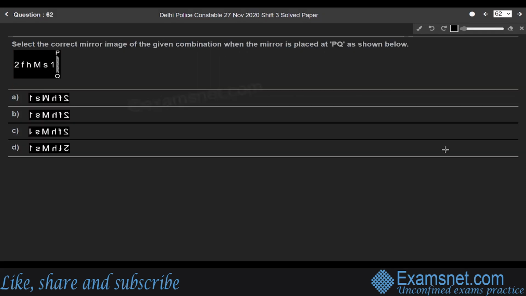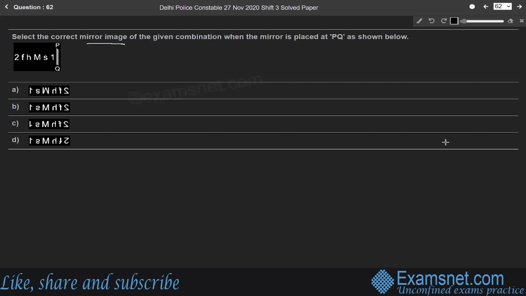Question 62. Select the correct mirror image of the given combination when the mirror is placed at PQ as shown below. So here, when the mirror is placed at PQ, the given figure looks like this. The image of 1 is like this, whereas S looks like this.